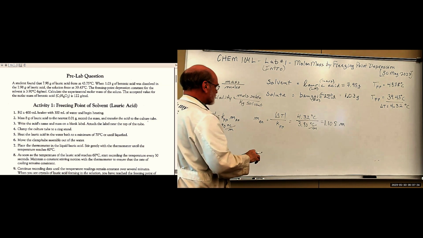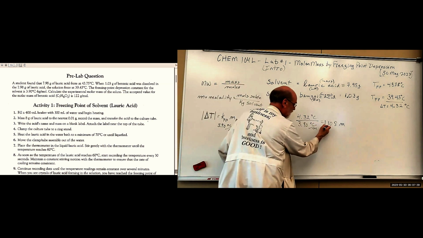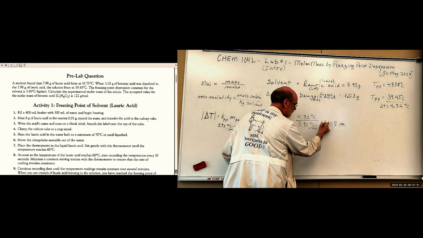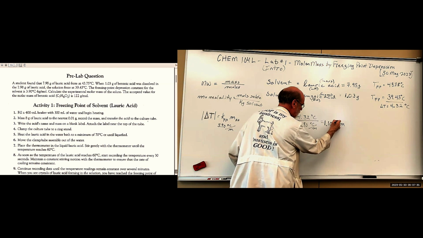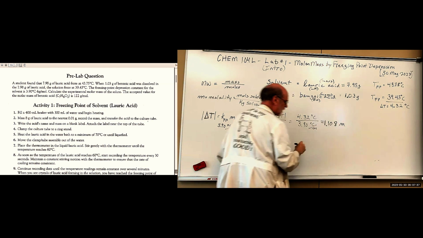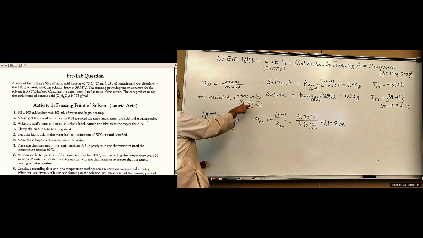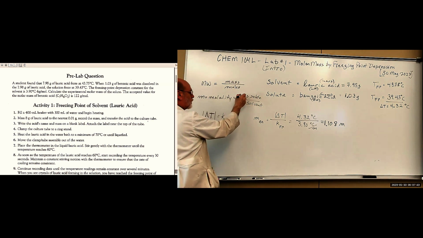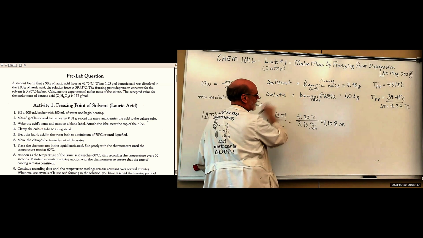Okay, so now we need to determine, that's the concentration of the solute in this solution. What we need to do is use that value with this relationship to determine the moles of the solute, which is benzoic acid.